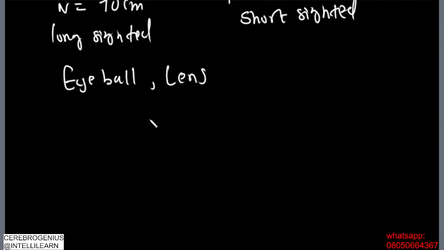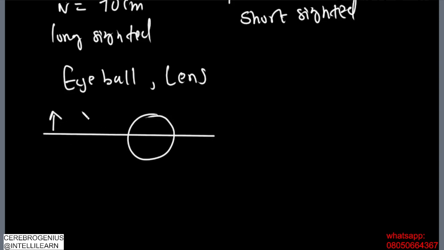Now let's assume that we have the eye, then we have this. So we have an object at this particular point. Now let's say the image of this object is about to be formed, and the image is now formed at this point. What's supposed to happen is that this image is supposed to form on the retina.